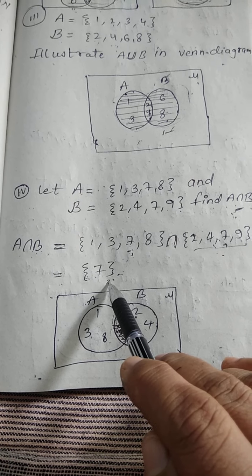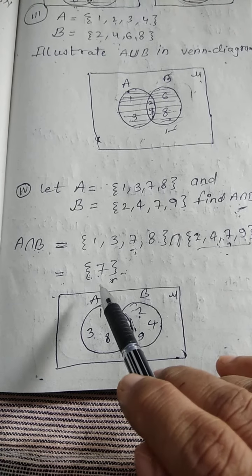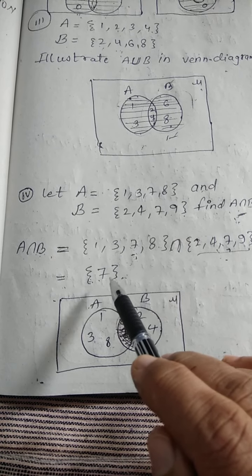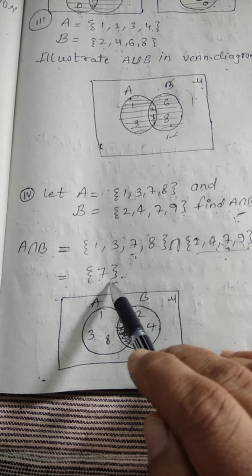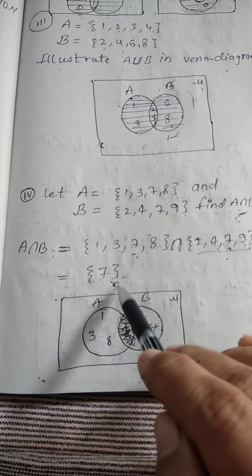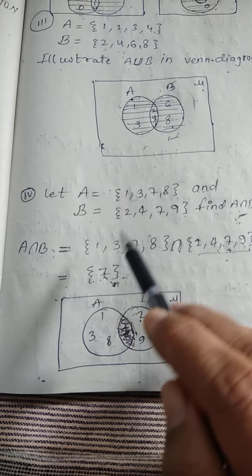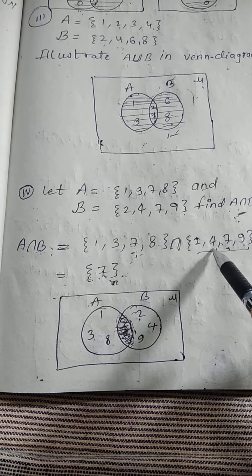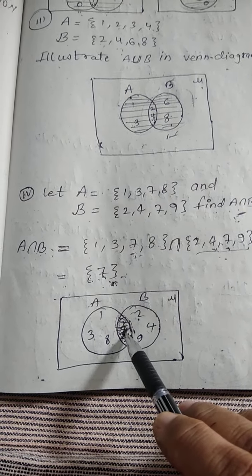Tell me, if there is only one element in a set, which type of set is that? Yes, that is a singleton set. So A intersection B is a singleton set because there is only one element. Here only one element is common.